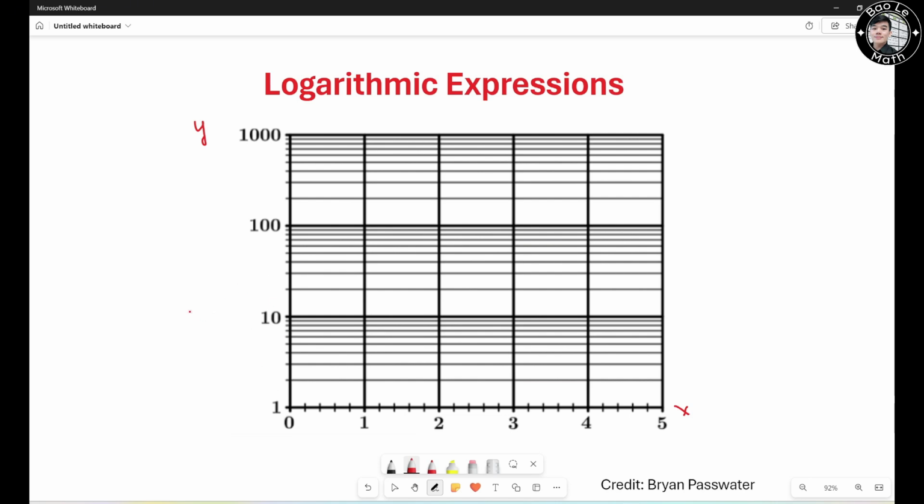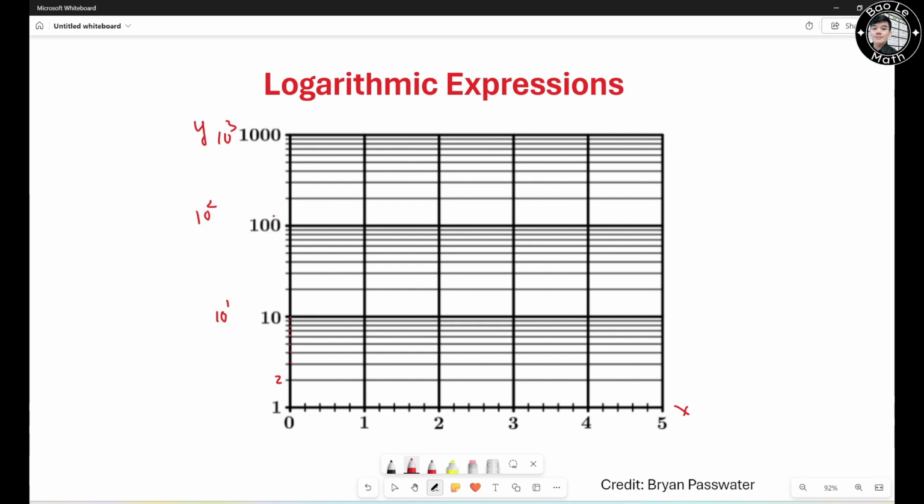Alright, so this is 10 power of 1. This is 10 power of 2. This is 10 power of 3, which means 1000, right? Now from 1 to 10 power of 1, we just divide this one into 10 portions, right? So this will be 1, this should be 2, 3, 4, 5, 6, 7, 8, 9, and 10 right here.